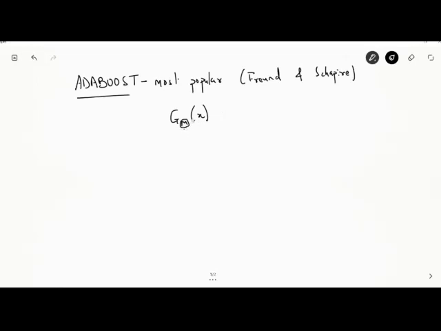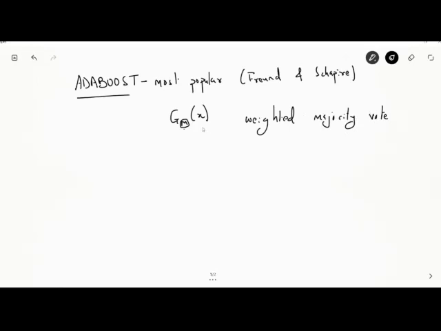We want to produce a sequence of weak classifiers G_m(x), each of which works well on a certain section of the data. Combining these weak classifiers, we will also associate a vote with them. This concept is called the weighted majority vote.